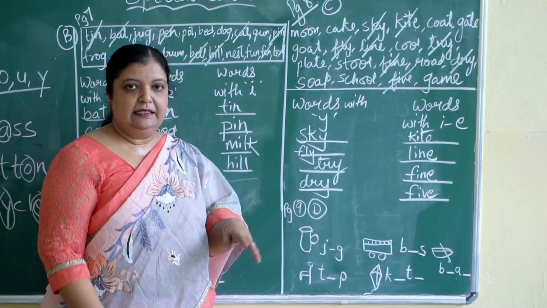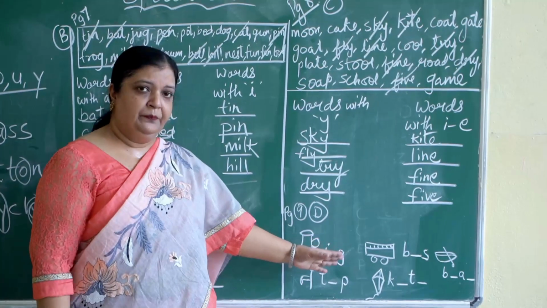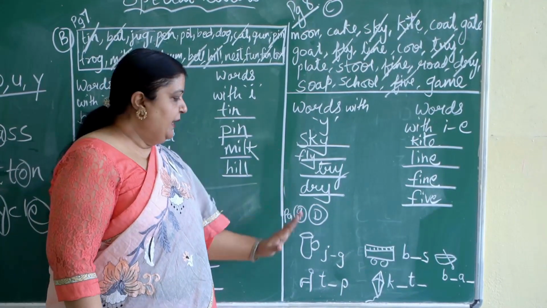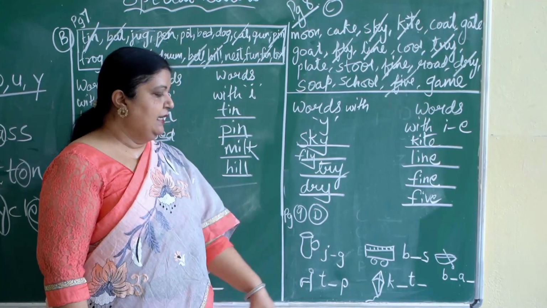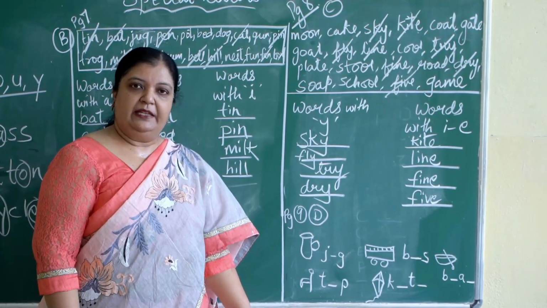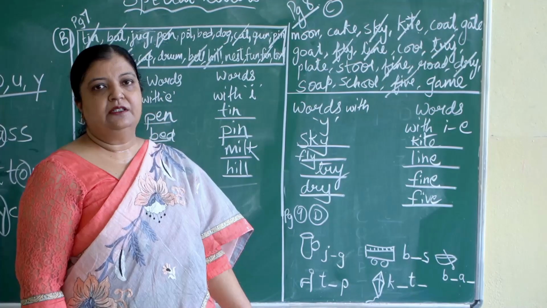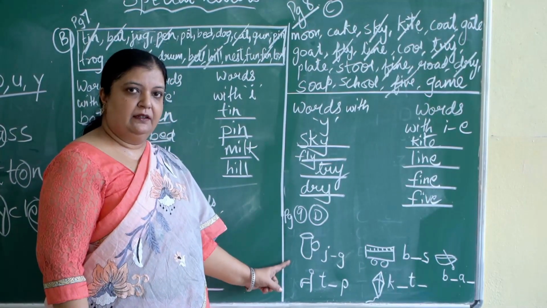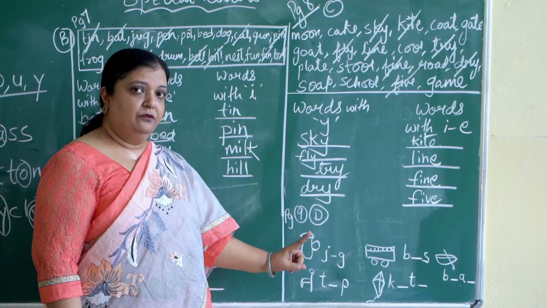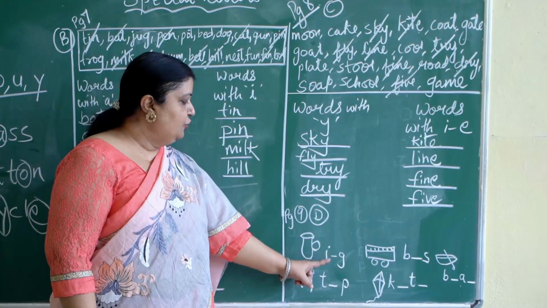In D exercise there are some pictures given, children, and the spelling is written but the special letter is missing in those spellings, and you have to fill in those special letters. Now the first picture is of jug. You have to spell the word jug. J-U-G.